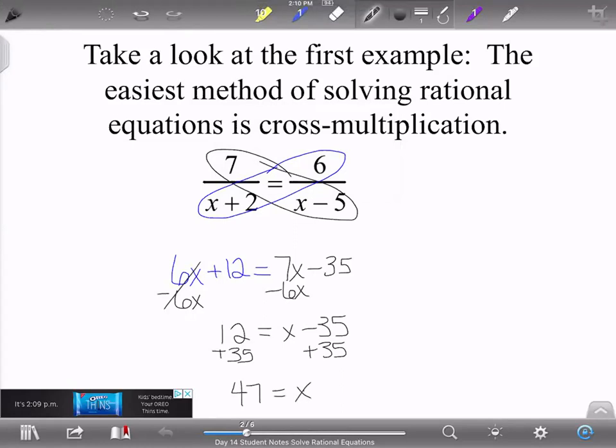So that's going to give us x equals 47 as our final answer. So that's the easiest possible scenario that could happen.